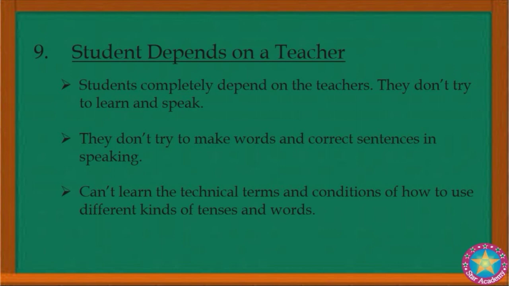They do not try to make words and correct sentences in speaking English. Because of this problem, the students cannot learn the technical terms and conditions of how to use different kinds of tenses and words of the English language in speaking.